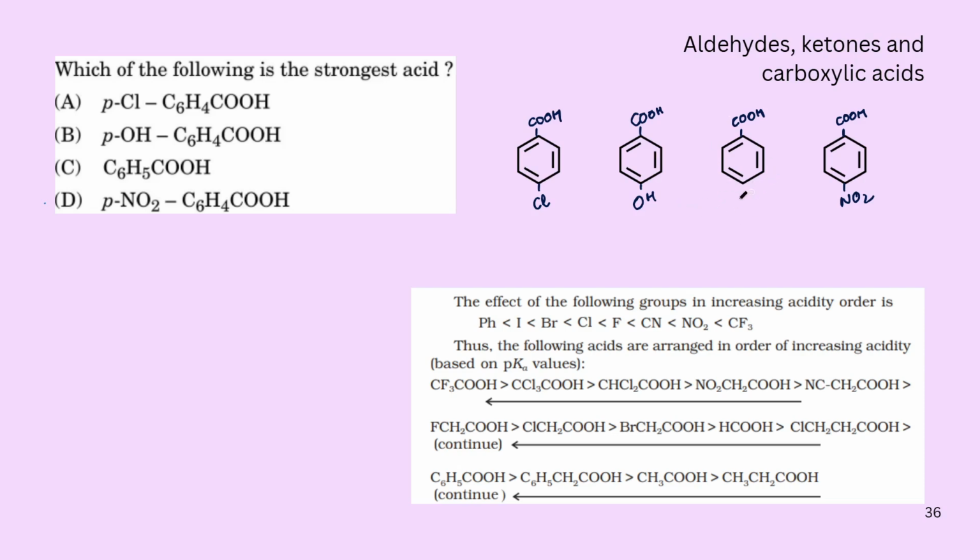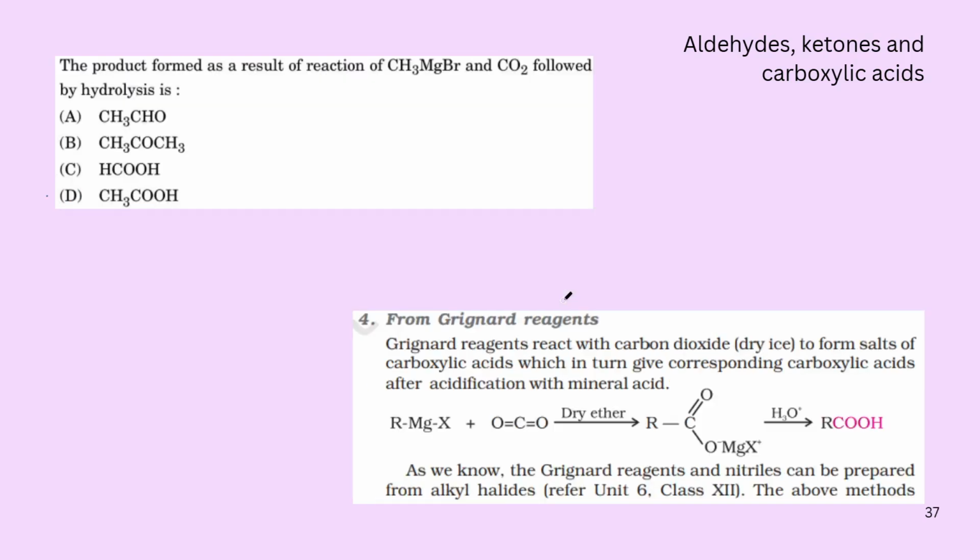This has no group, so we're going to ignore it for now. So the question is between Cl and NO2, which is a better electron withdrawing group. From this order, it's obvious that NO2 is more electron withdrawing than Cl, and because the nitro group is more electron withdrawing, option D is the right answer. Again, this is related to the concept of acidity of carboxylic acids.